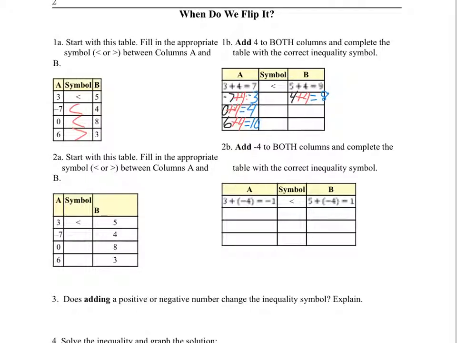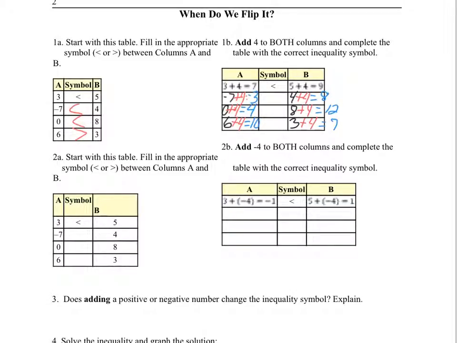We had 8 plus 4, and that equals 12. And then we had 3 plus 4, and that equals 7.